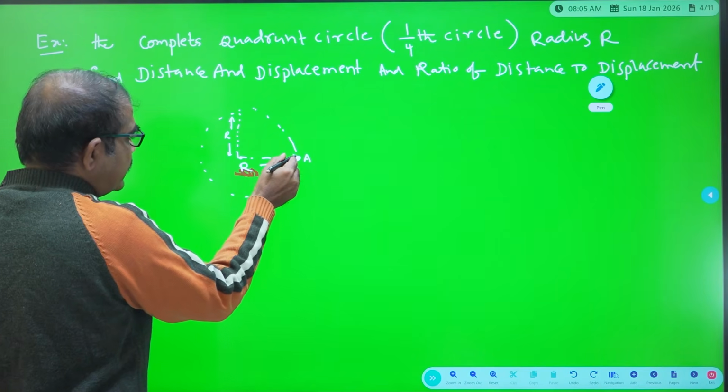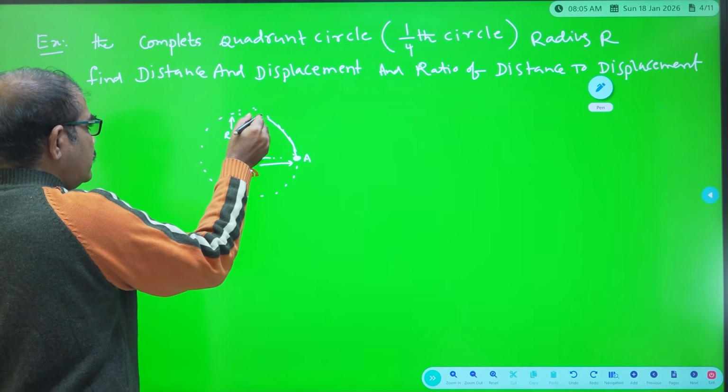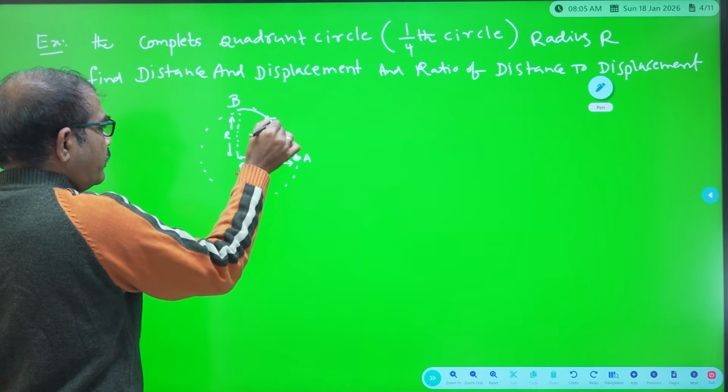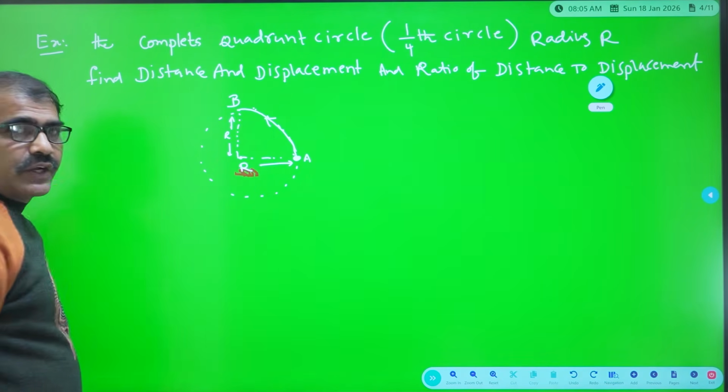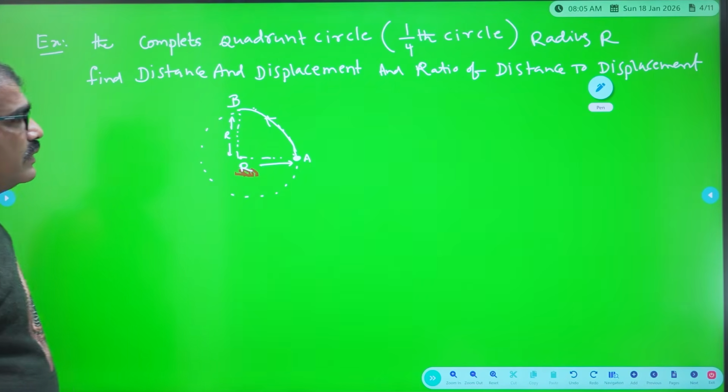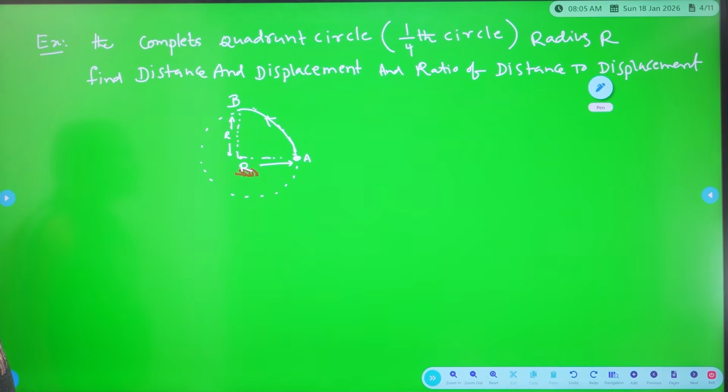The body is moving like this, from A to B. Find the distance and the displacement, and the ratio of distance to displacement or displacement to distance.